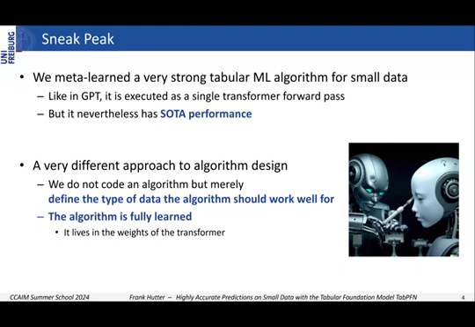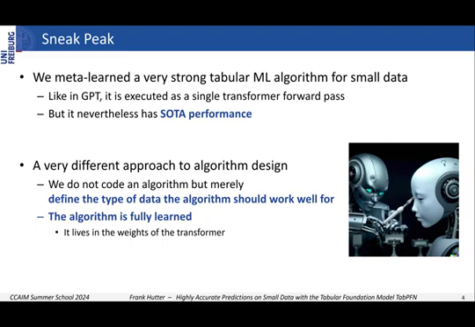All that we did basically is to say, these are the types of data sets that it should work well for. And then we have a machine learning algorithm like this one that builds another machine learning algorithm. It's basically just standard in-context learning, if you're familiar with that term, that is executed in a forward pass, just like in GPT. And that is learned by simply the standard supervised machine learning loop that we all know from GPT, just the standard transformer.